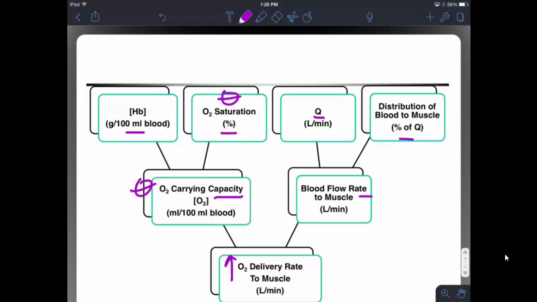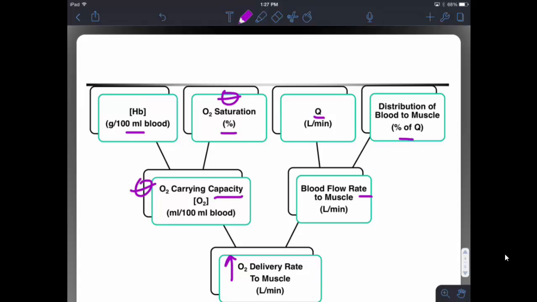Hemoglobin, so I said on an earlier recording that with training we do see increases in blood volume, and that blood volume increases because of both increases in red blood cell and plasma volume. But not everybody agrees that we get increases in red blood cell volume, which means that not everybody agrees that we get increases in hemoglobin.